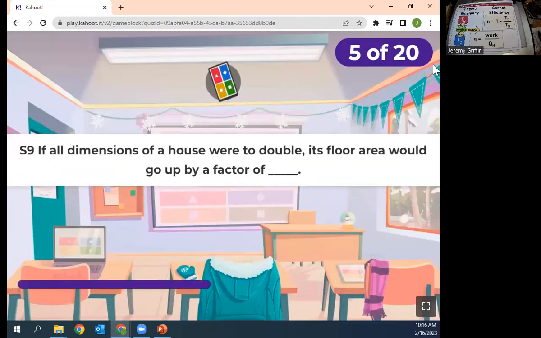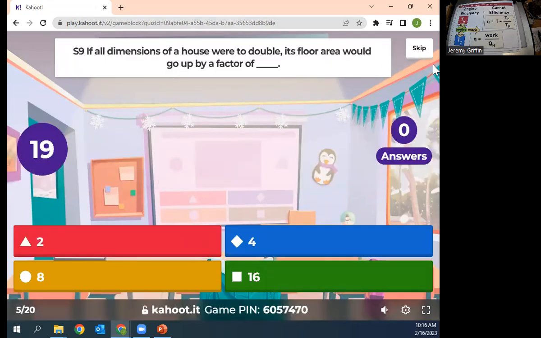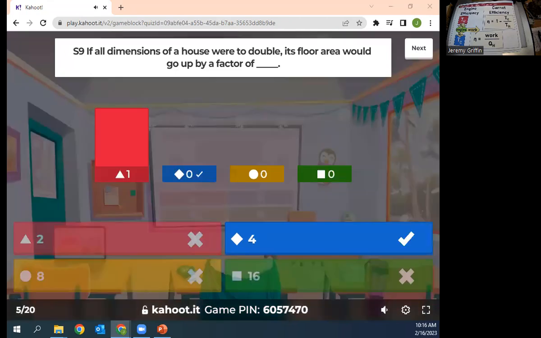If all dimensions of a house were to double, its floor area would go up by a factor of what? Floor area. Okay, now it would be 4.